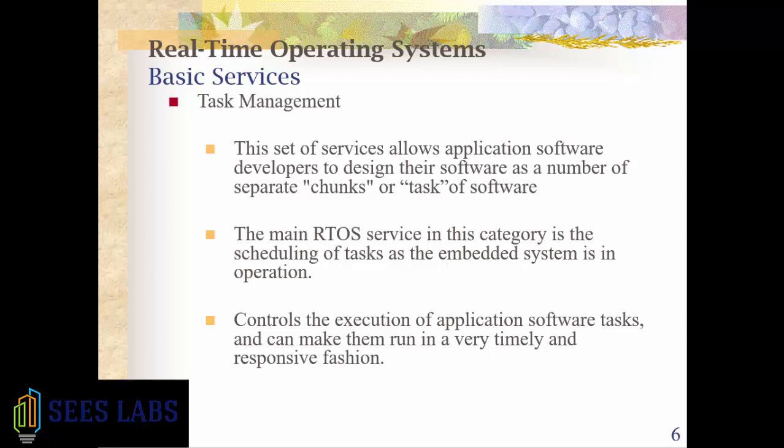So a programmer can divide the program into several different tasks or chunks which can then execute concurrently in order to save time. The operating system provides this service to manage these tasks, and since the resources are limited, the tasks are scheduled so that they can use the resources efficiently and properly.